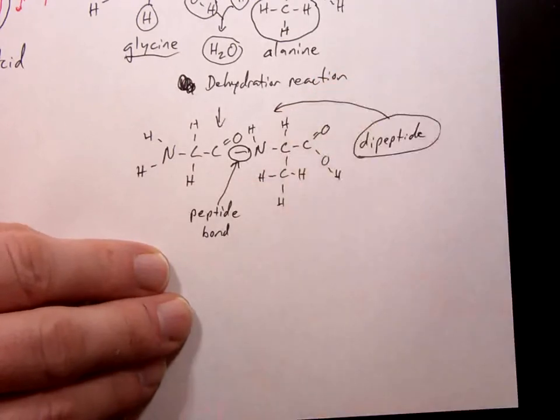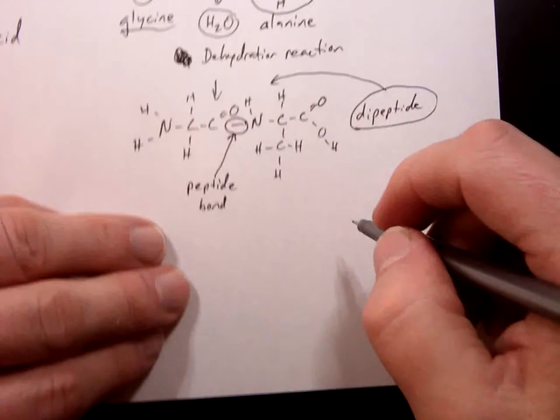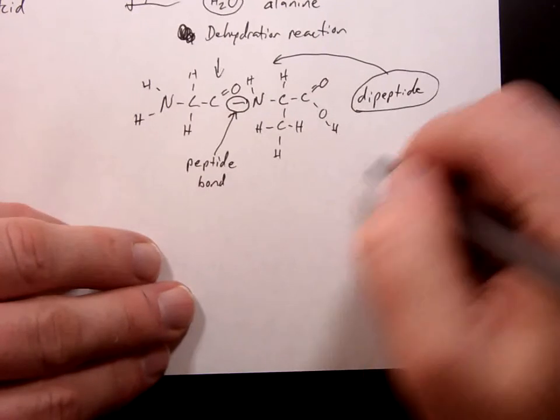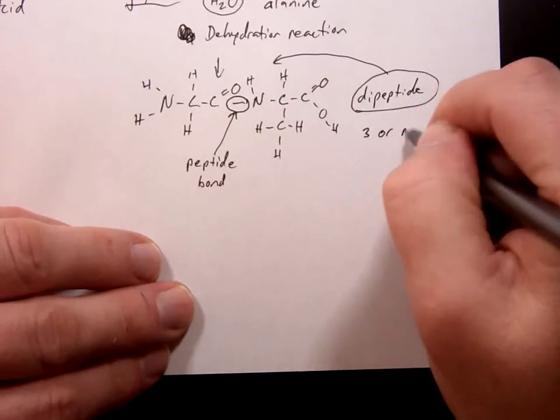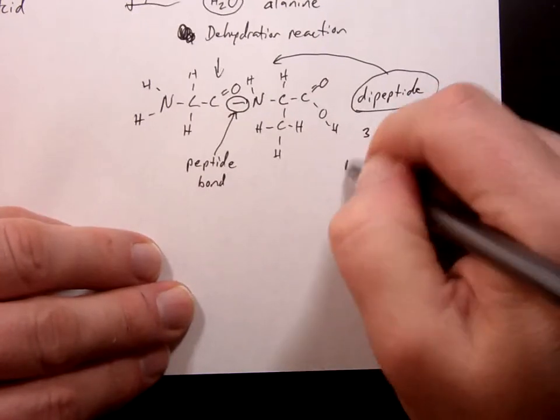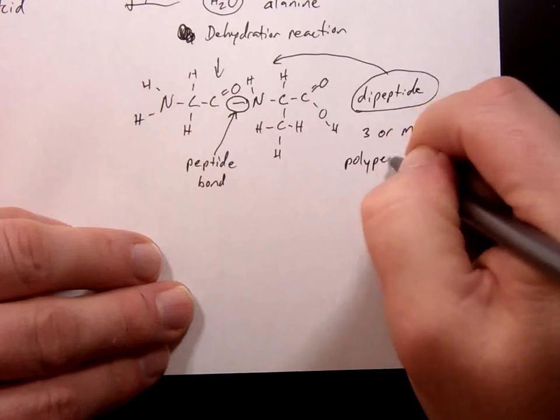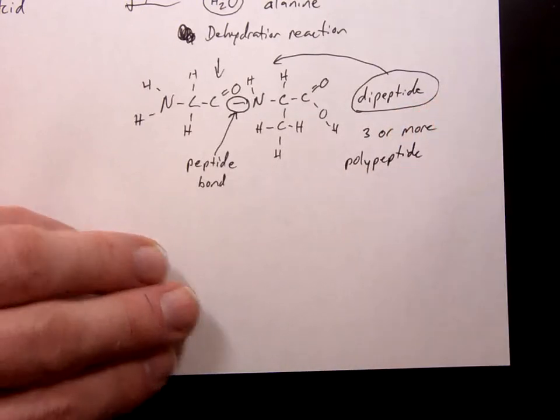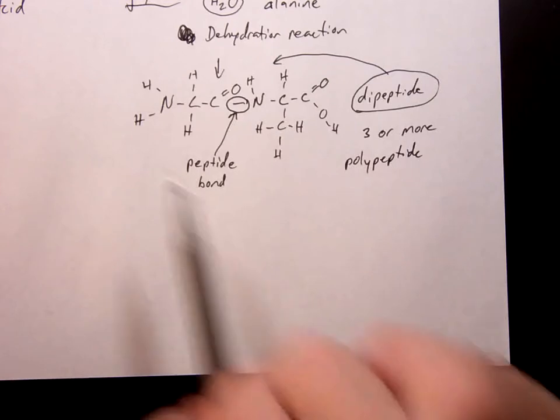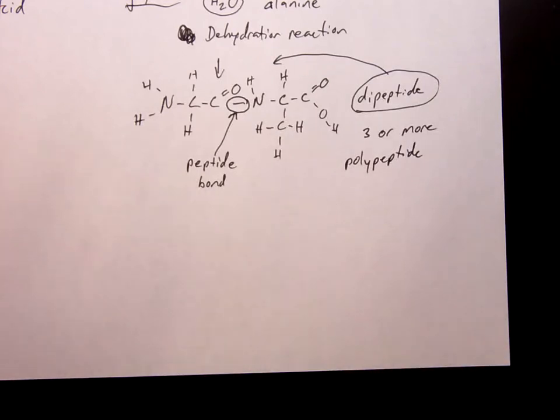And when we join three or more together, it's called a polypeptide. Now, what happens after that is, because of all these different R groups and all the ways that they're going to react to one another.